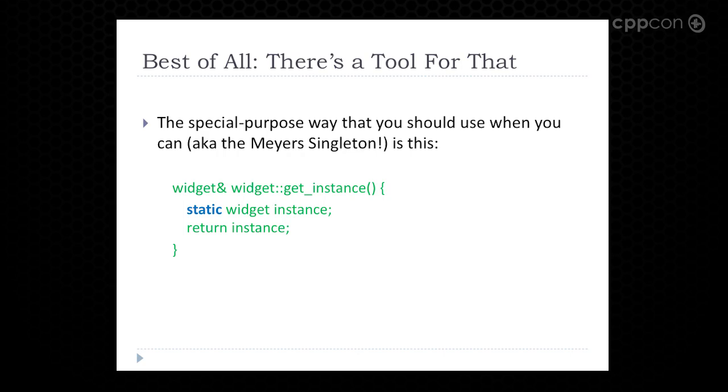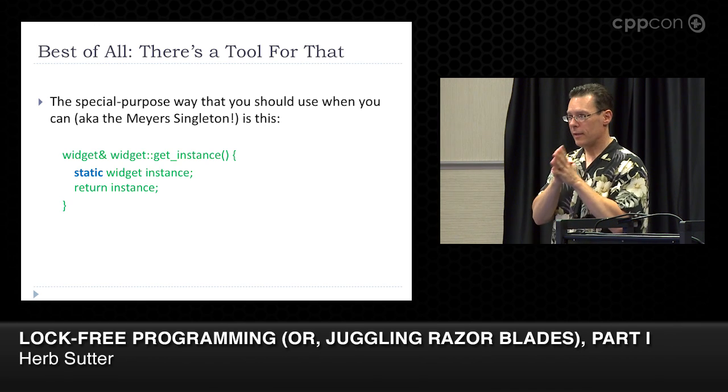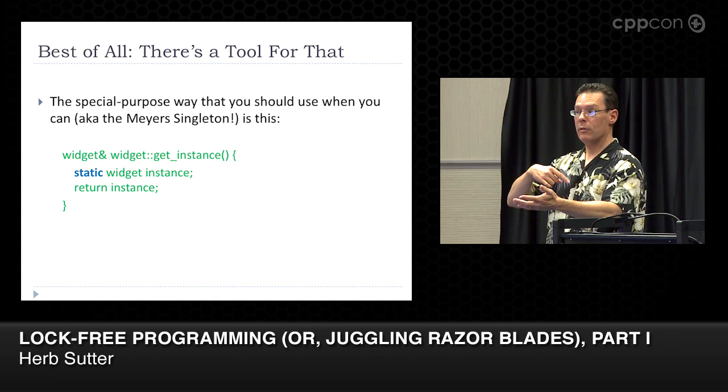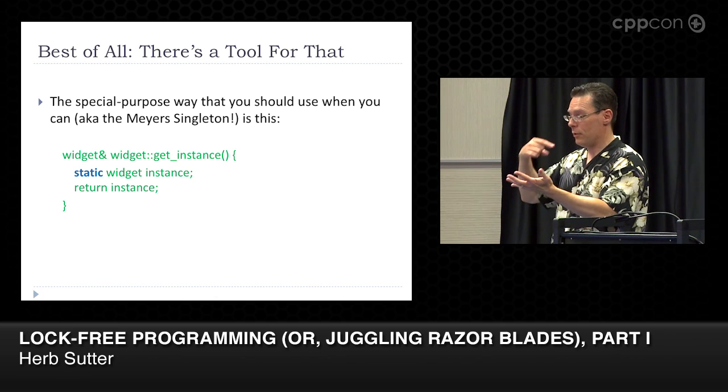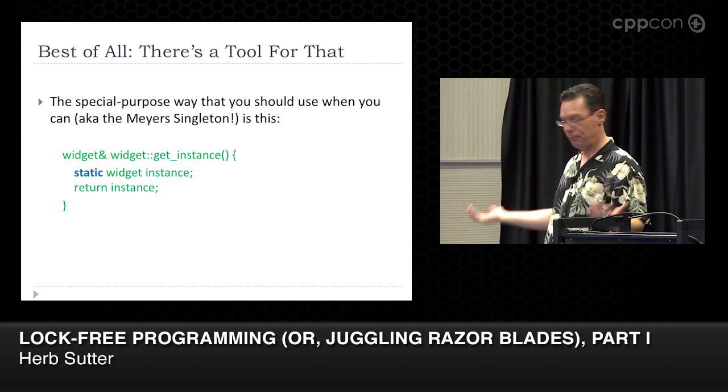Finally, you can get that blue code down to one word in this particular case because there's an even more special purpose tool for that. STL likes to call them magic statics. They're thread-safe initialized function local statics. The standard now requires that those, which are by default, are designed to be initialized the first time control passes through them on any thread.